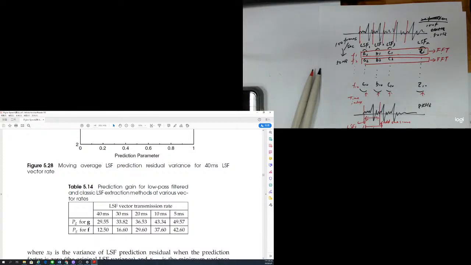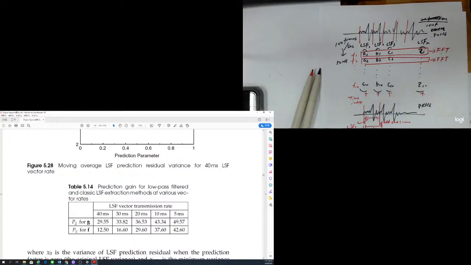Then there is 29 because of the 40 millisecond speech frame. Our line spectrum pairs have some high frequency aliasing. During interprediction, sometimes they cannot give good performance.